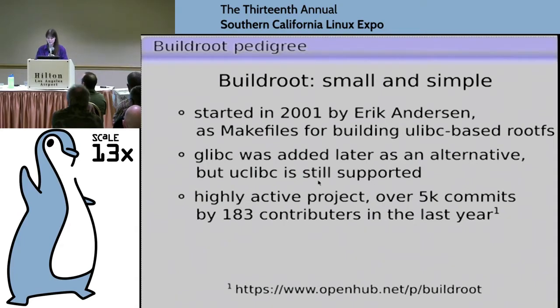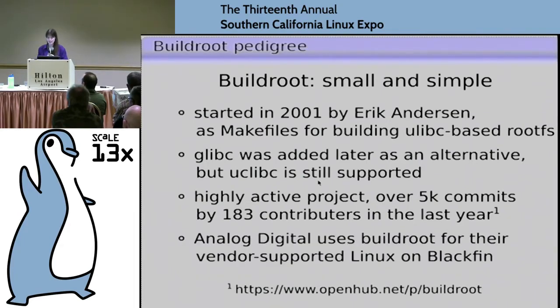But anyways, fun stats. And as an example of the type of project that might be using Buildroot, Analog Devices actually does their official vendor support for Linux on Blackfin. And the Blackfin is actually an example of one of those MMU-less processors.